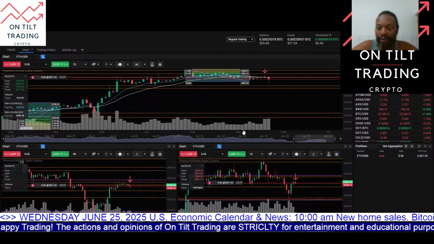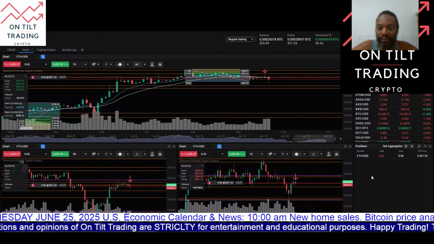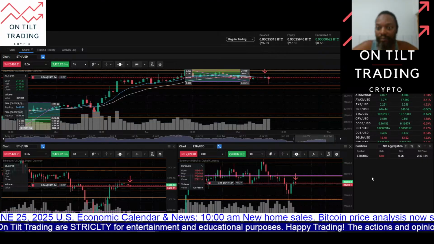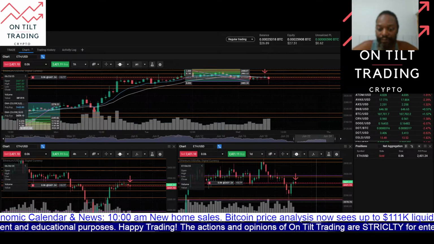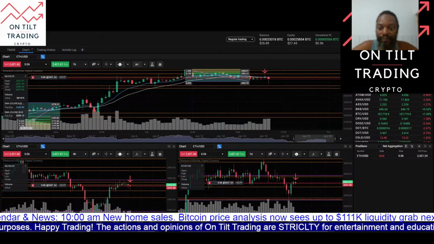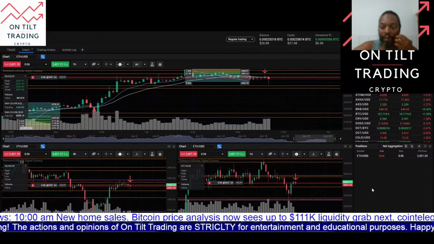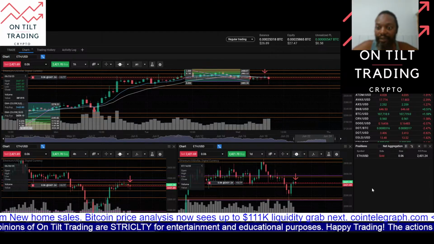Further consolidation on Ethereum, potentially showing some volatility here, and price being delivered to the buy side.